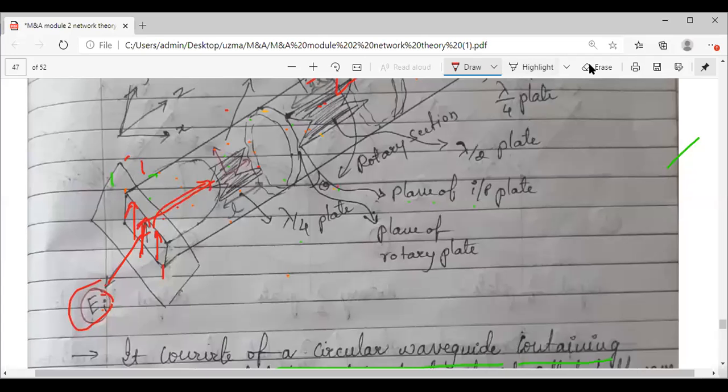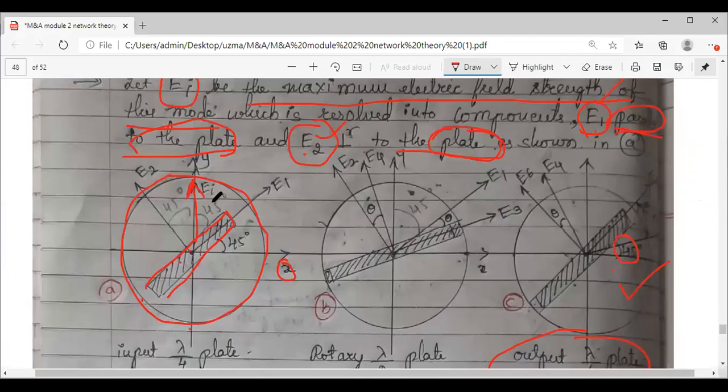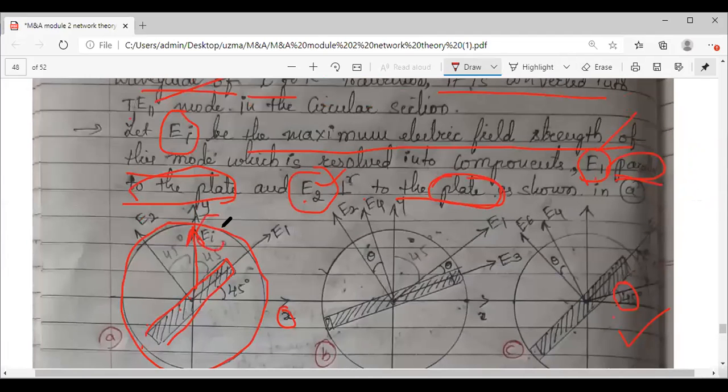So you can see the direction of this electric field. It is perpendicular to this opening. This is your broader wall, and for it this field will be vertical. So in the first figure, observe, I have drawn it here. EI is vertical.